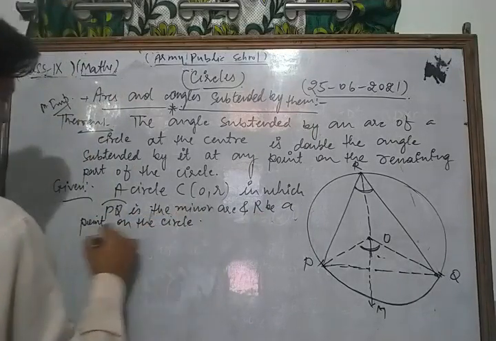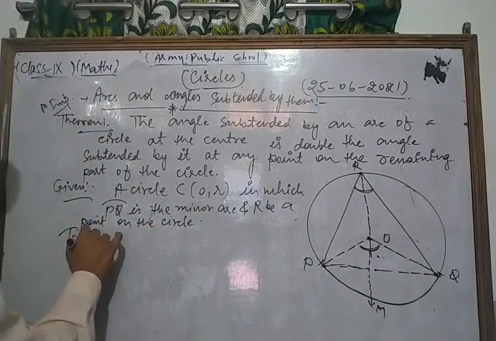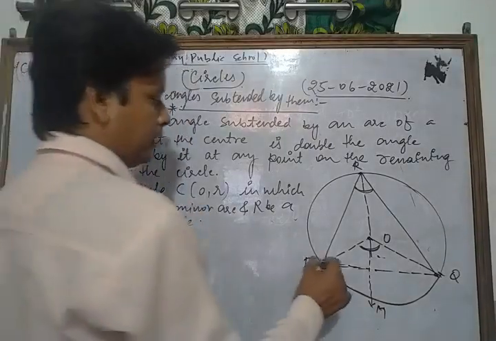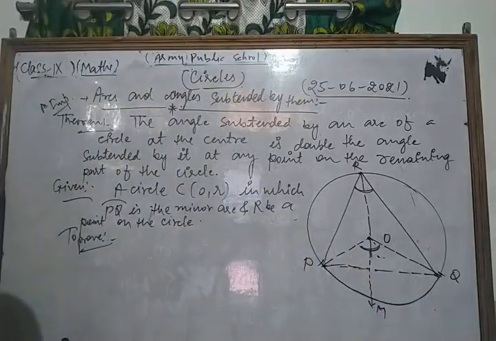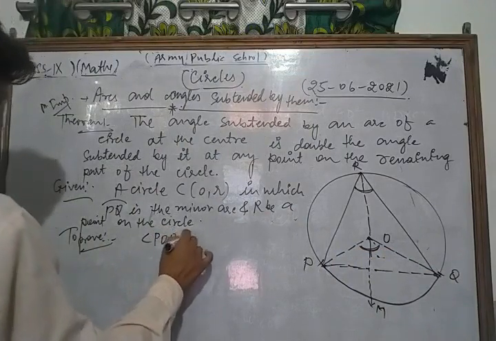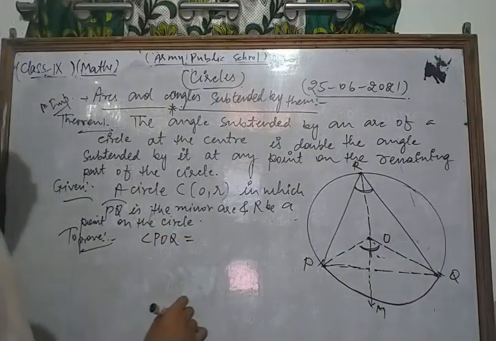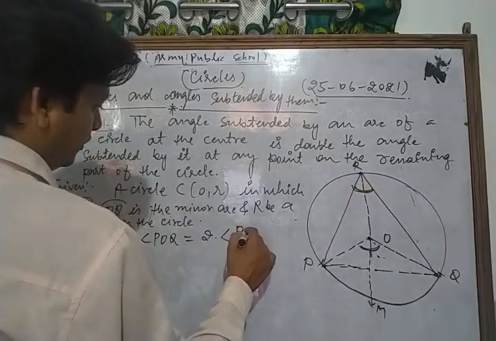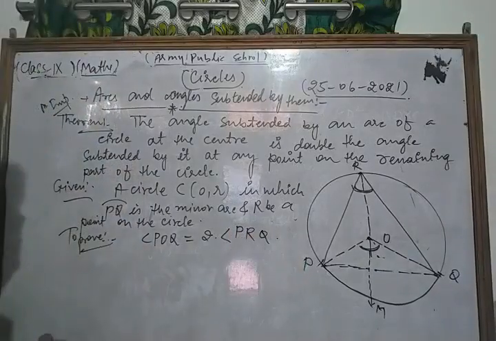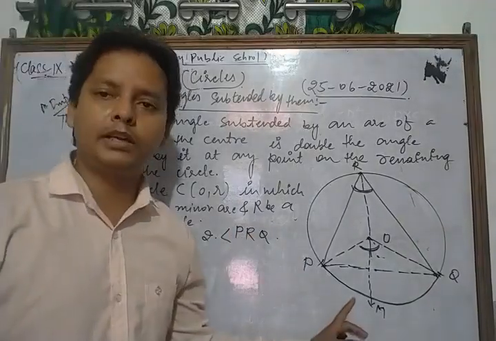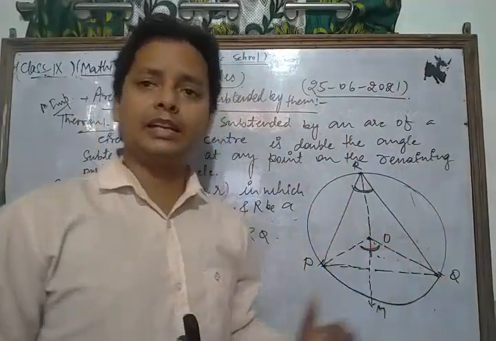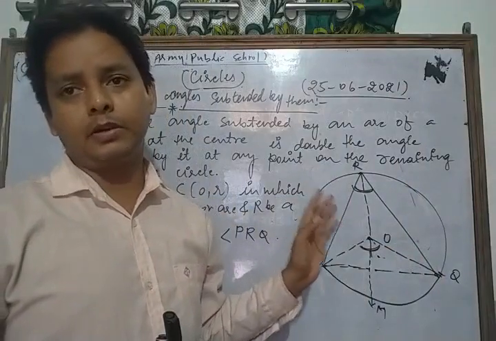Now we write To Prove. Dear friends, we have to show that angle POQ is 2 times angle PRQ. It means that the angle subtended by an arc at the center of the circle is double the angle subtended by it at any remaining part of the circle.